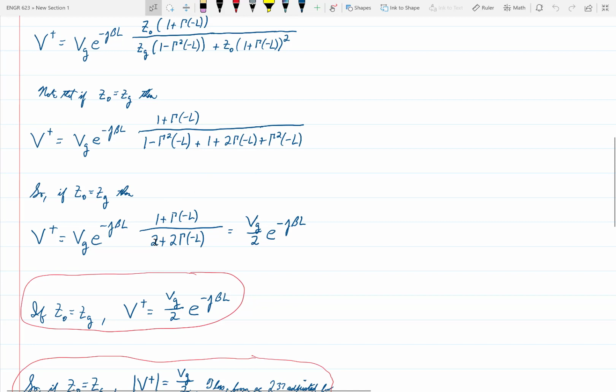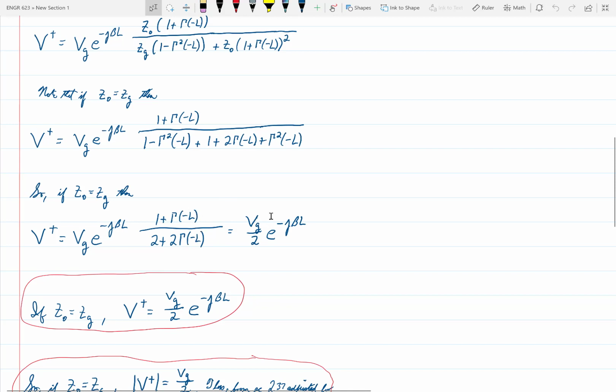The 1 plus 1 is of course 2. And then the minus gamma squared of negative L will cancel out the gamma squared of negative L. So we're left with just 2 gamma of negative L. So we have 1 plus gamma of negative L on the top, 2 plus 2 gamma of negative L on the bottom. So this fraction, in this case, just ends up being 1/2.